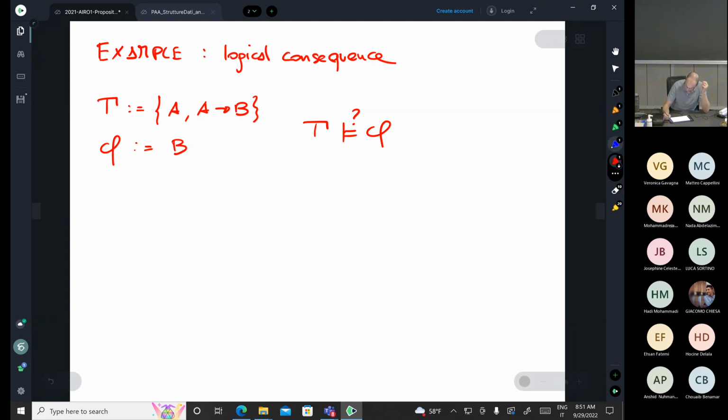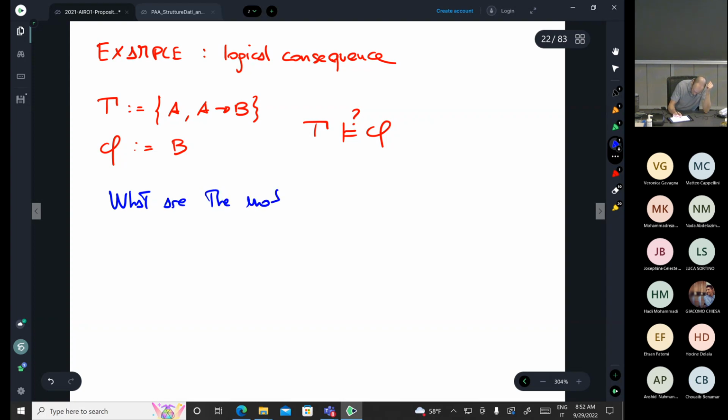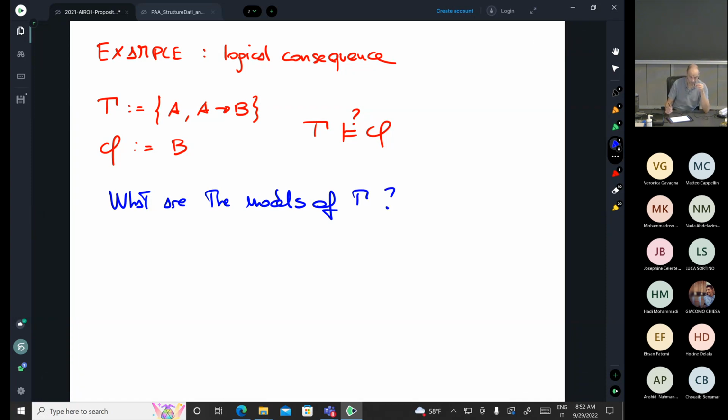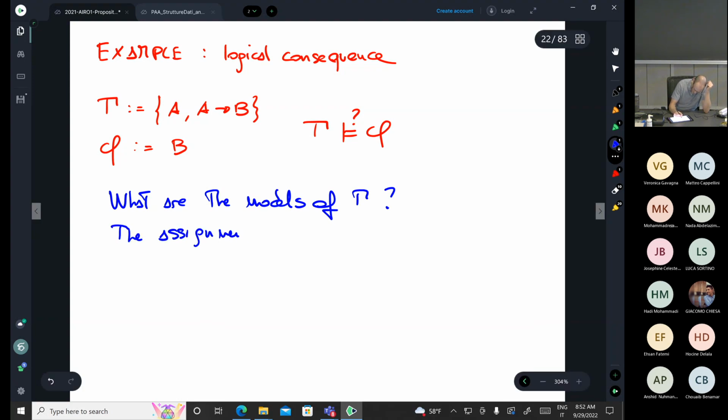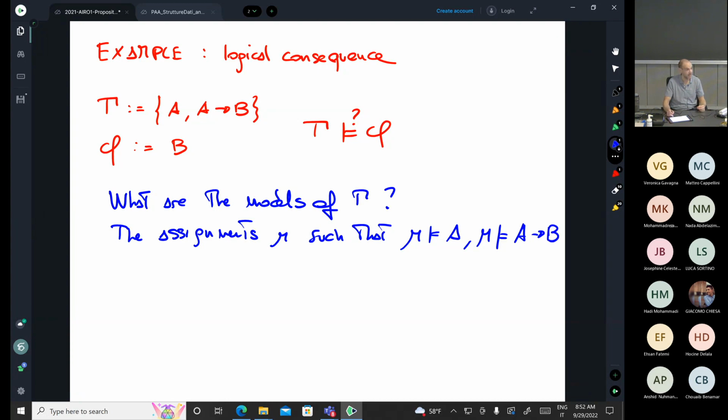So what are the models of gamma? These are the assignments such that mu is a model of A, and mu is a model of A implies B. This must be the same assignment.